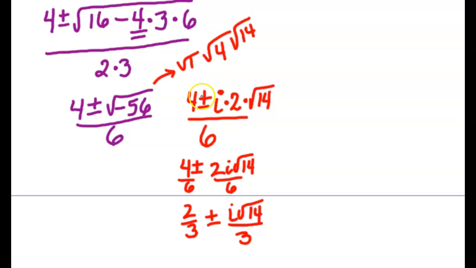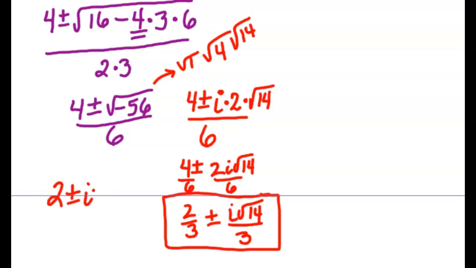Now, some of you could have realized you can reduce all of these pieces by 2 back here, but I find that some students will make mistakes, so I would rather you wrote it like this. It is equivalent to 2 plus or minus i square roots of 14 all over 3, but this separated piece is less likely for you to make mistakes.